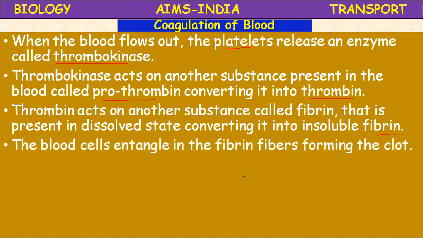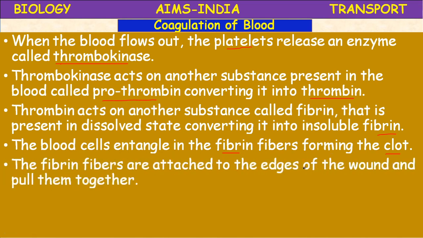Next, the blood cells entangle in the fibrin fibers, forming the clot. This fibrin forms the clot, mesh-like. Next, the fibrin fibers are attached to the edges of the wound and pull them together.